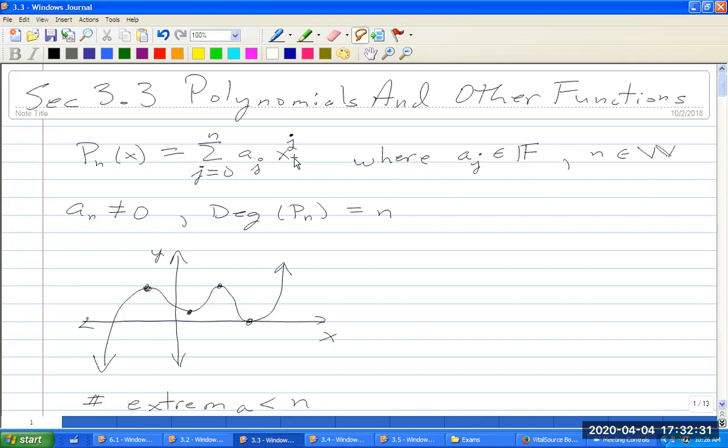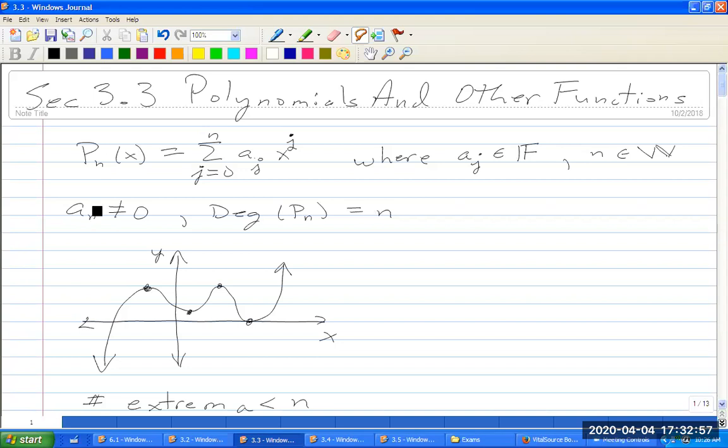Now we'll want to look and see what the graph of these types of objects, polynomials, look like. So, in general, first, let me give you a notation. The degree of a polynomial.